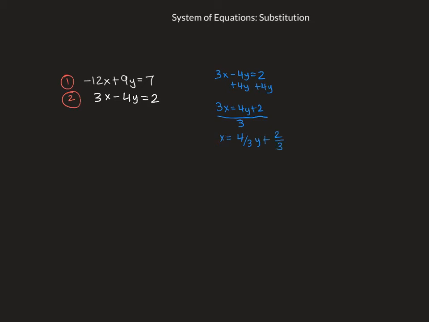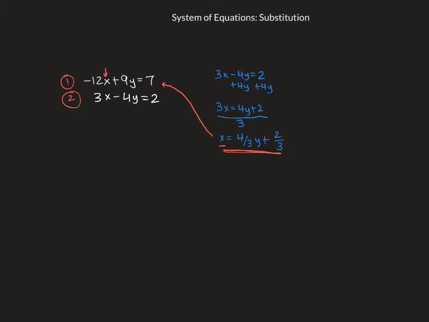Now we haven't come up with a value, but this still works because we're going to take the equation that we made here, and then we can go ahead and just substitute it back in to our first equation. And we can only substitute it in place of x, because here we have what x is equal to.